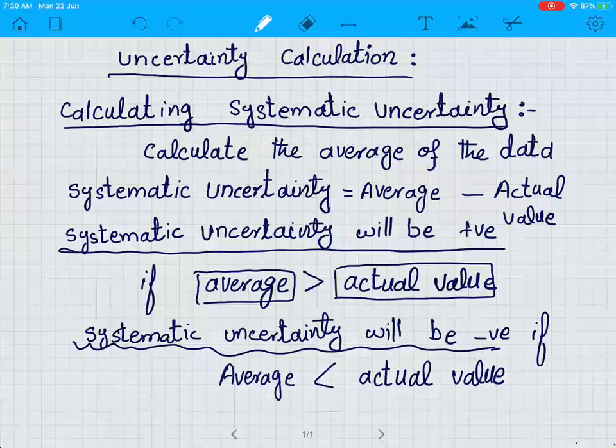Now let's solve some examples for systematic uncertainty.